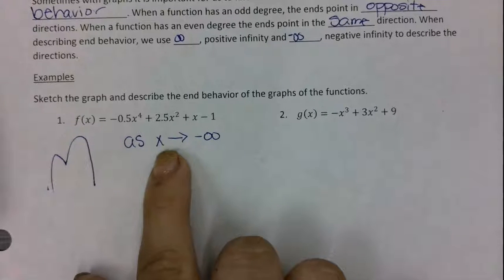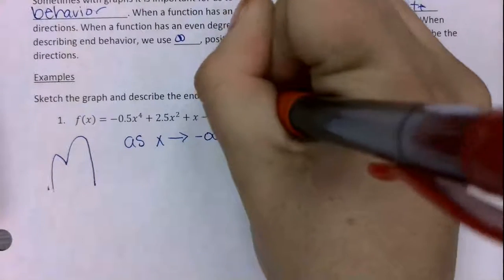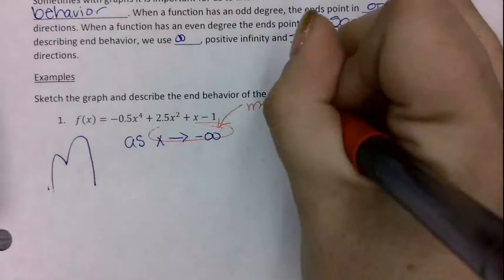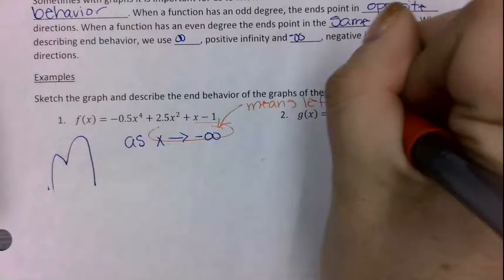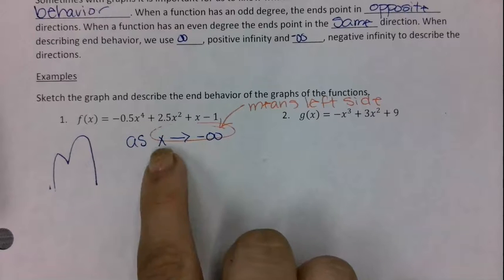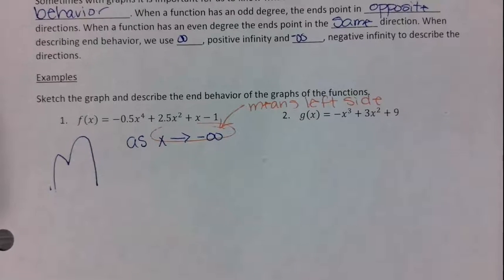So first thing I want to say is this notation means left. No, the whole phrase. This whole phrase means the left side of the graph, as x goes to negative infinity. Okay?